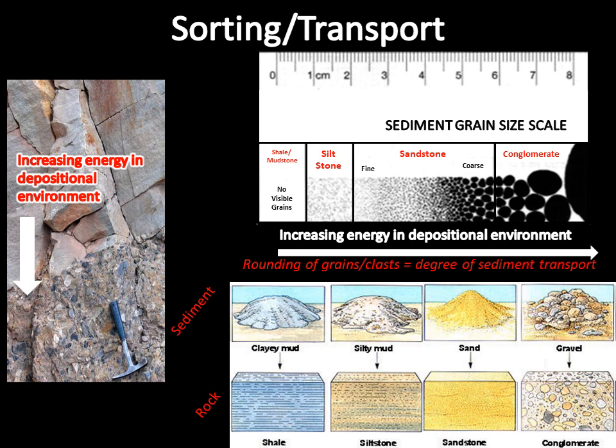Then, in the next higher energy environment, we have sediment made out of sand, which will become a sandstone. And finally, in the highest energy environment, we have gravel, which, when lithified, will become a conglomerate. We will take a look at each of these rock types again in a moment.